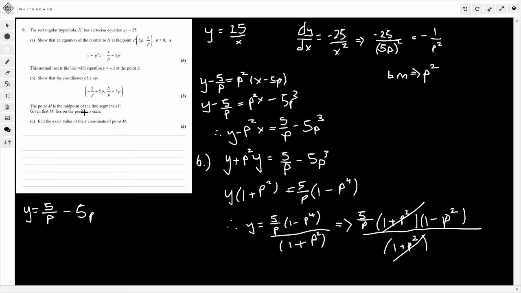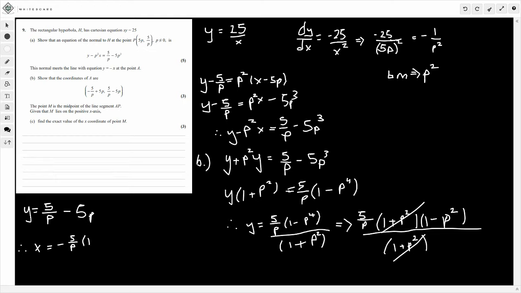Now we need to get this x coordinate here. So what you need to do is replace the y here now with the minus x. So that would mean minus x is equal to 5 over p minus 5p, and we're going to times through by the minus to get x on its own. So therefore, x will be equal to minus 5 over p times 1 minus p squared, because this is what we've got here.